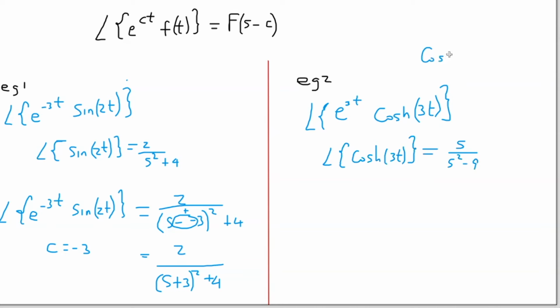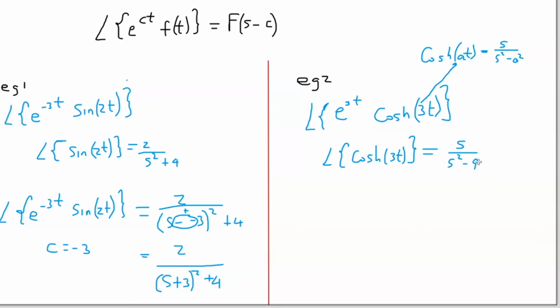Remember that the hyperbolic cos at, where a represents a constant, is equal to s over s squared minus a squared. Looking at this, our a is 3, so that is why I squared the 3.